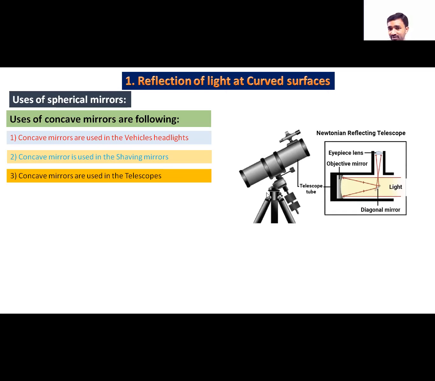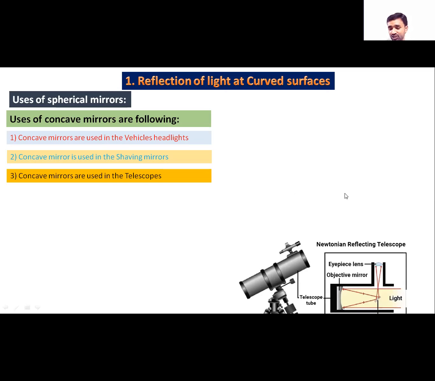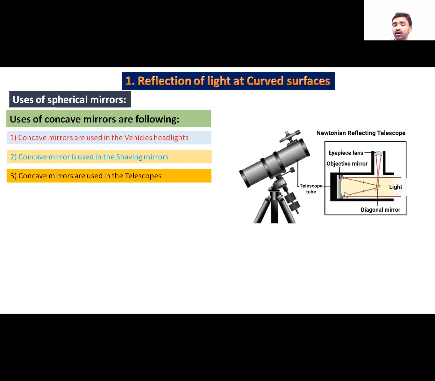Look at here. After reflection, you are getting the image here. So you can observe that image on the concave mirror. So in the telescopes, we are using concave mirror to obtain an enlarged virtual image.